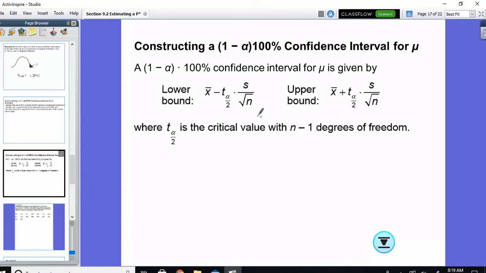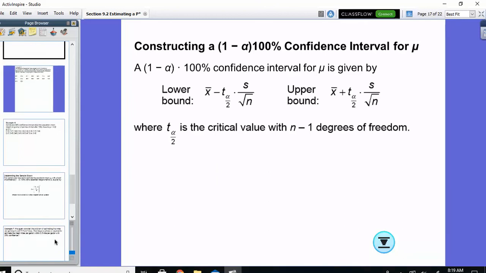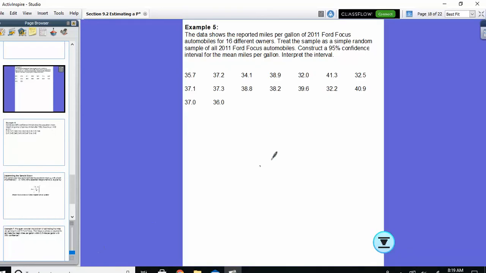So it's x bar plus or minus, for the lower and the upper, the t value, the t alpha over 2, times s, the sample standard deviation, divided by the square root of n. So that is what we are going to be doing for the rest of the day, just practicing building these confidence intervals. We are going to do some by hand, and then we will talk about how we can do it with a calculator as well.